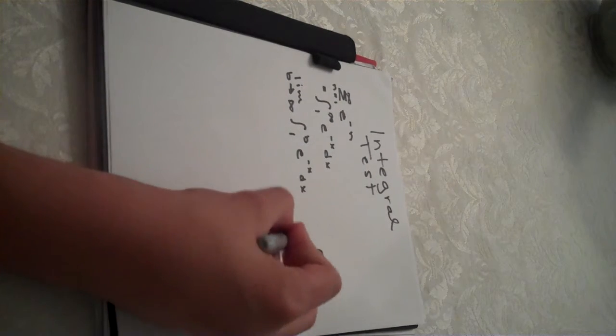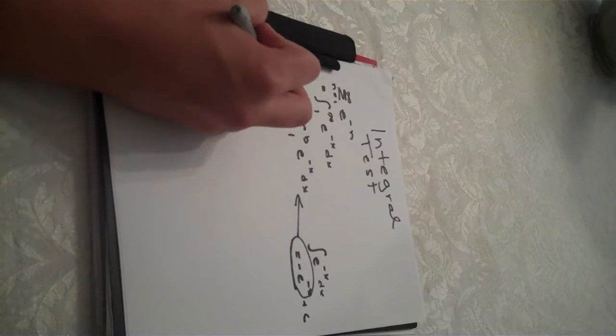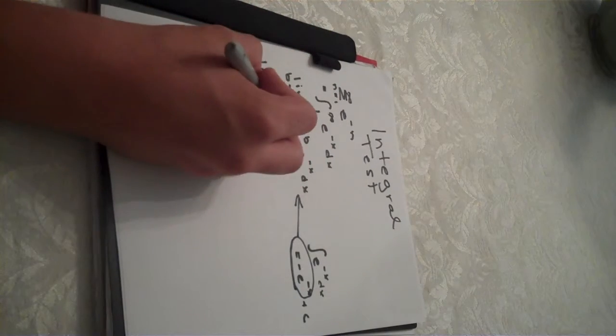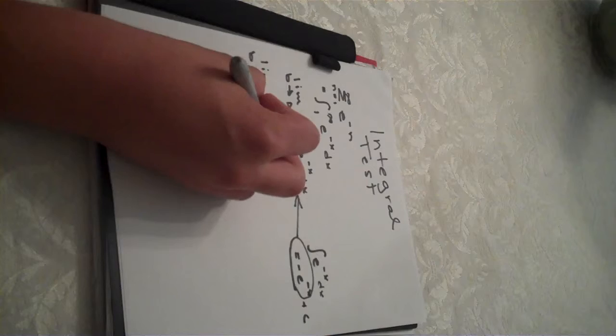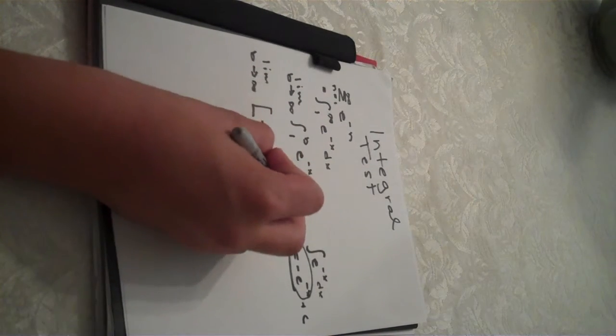So now I'm going to substitute this back into the integral and rewrite it as the limit as b approaches infinity of negative e to the negative x from 1 to b.